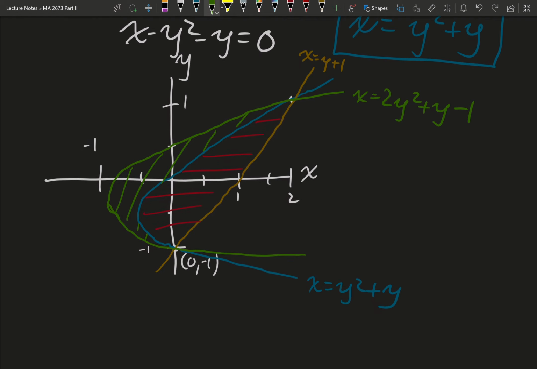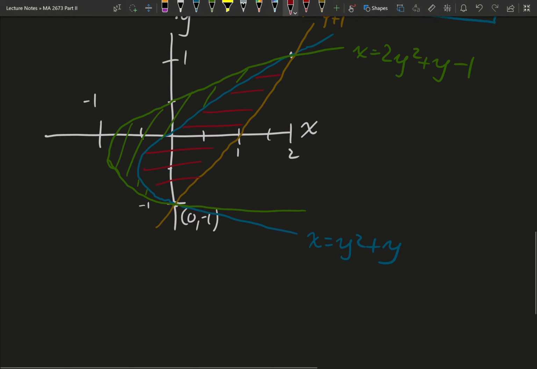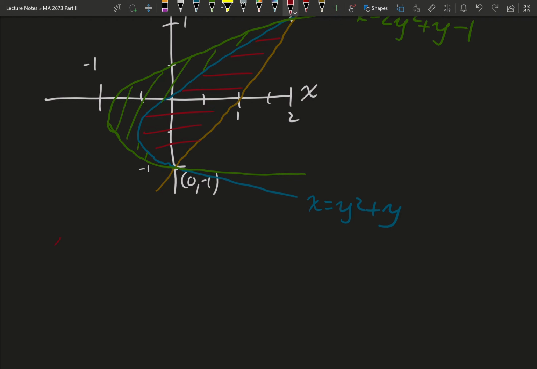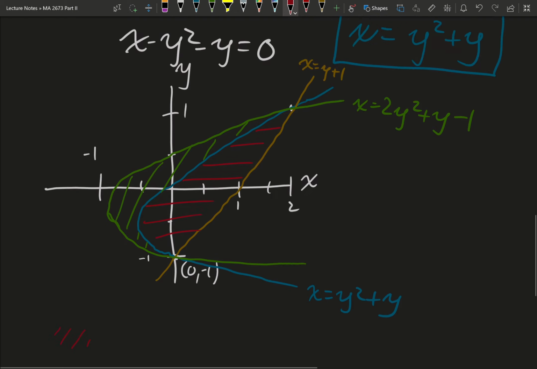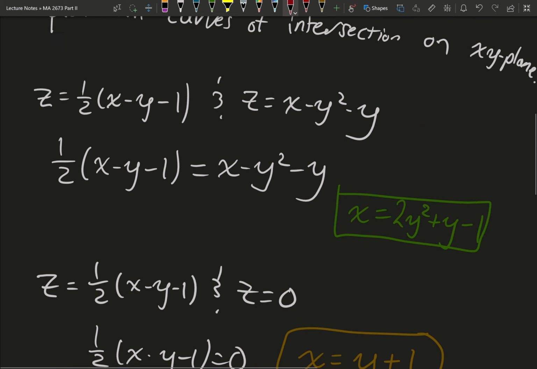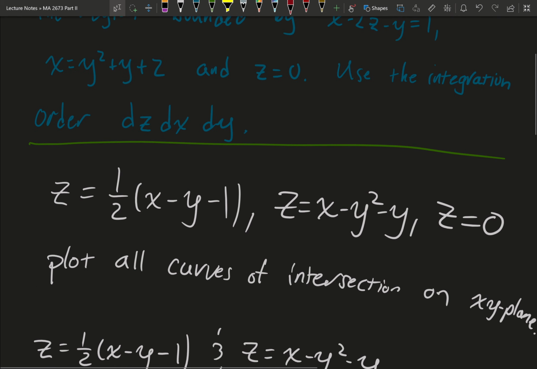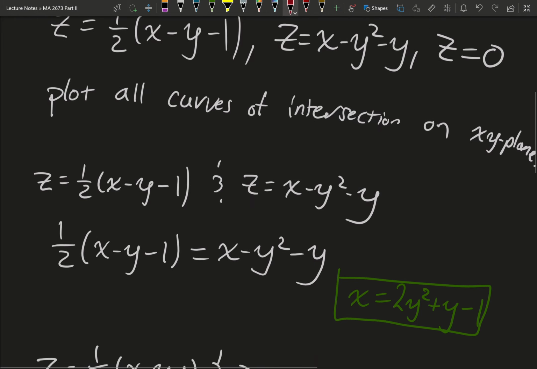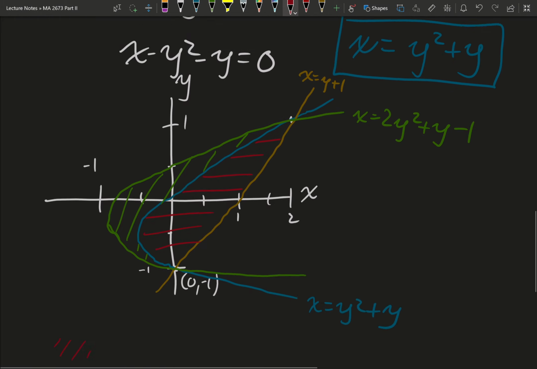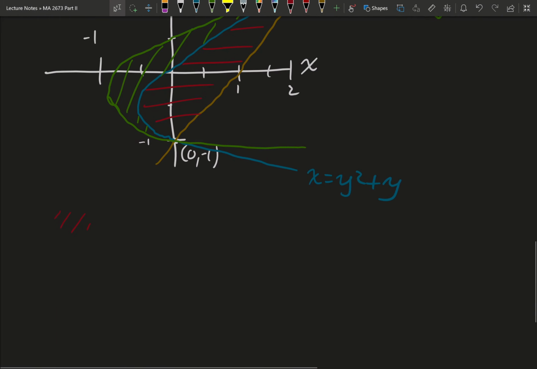So if we look, say, at the region in red here, we can figure out the order of our 3 bounding equations, which remember are z equals 0, z equals x minus y squared minus y, and z equals 1/2.